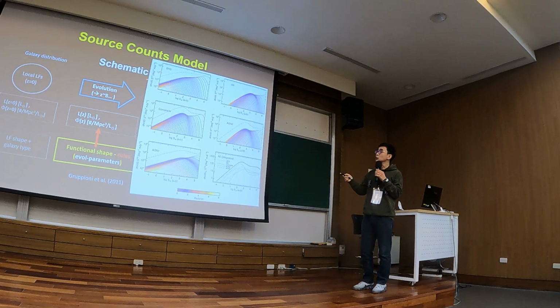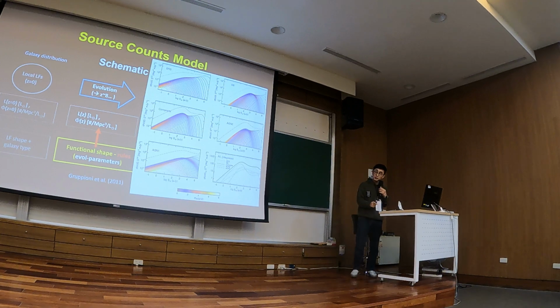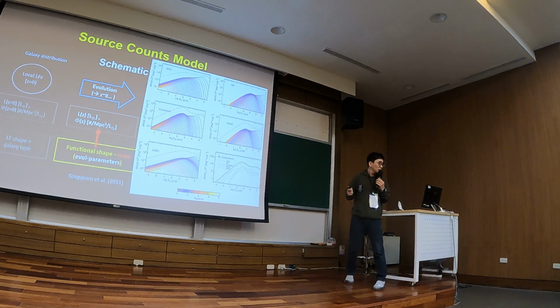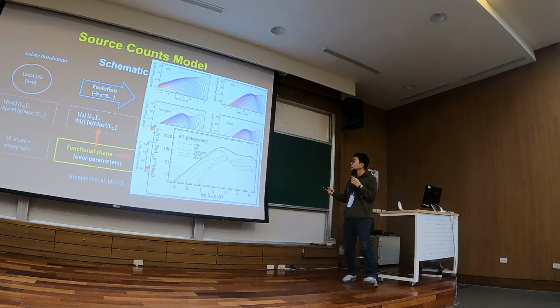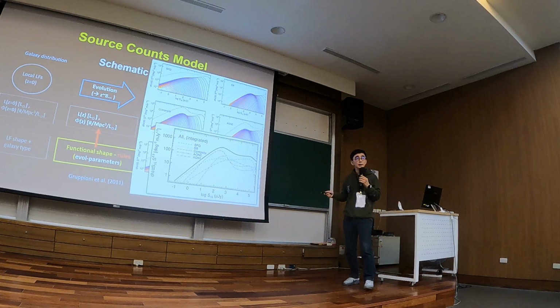This is the normalized number count of galaxies as a function of observed flux density. If we integrate over all the redshift ranges and for all the galaxy types, we obtain the integrated number count of galaxies as a function of observed flux density. And this is our source count model.